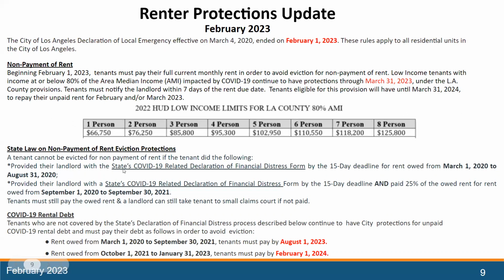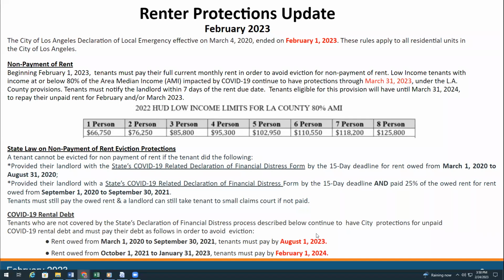Now, the next header is covering COVID-19 rental debt. So tenants who are not covered by the state's declaration of financial distress that I just mentioned above would continue to have city protections for unpaid COVID rental debt. And for that, there's two different time periods. That covers any rent owed from March 1st, 2020 to September 30th, 2021, and that rent must be paid by August 1st, 2023.